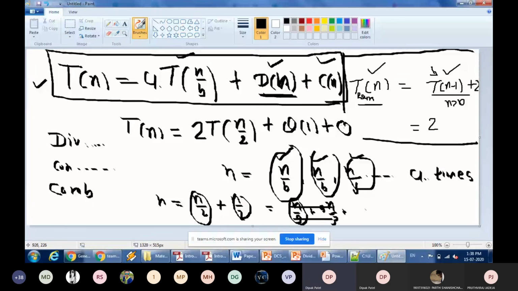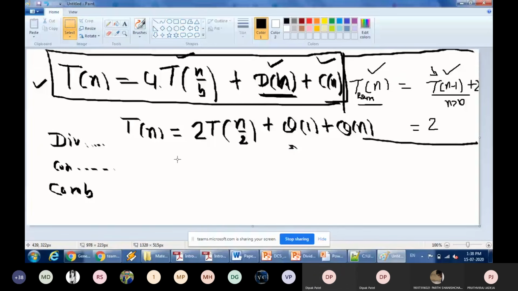Theta of n. So the recurrence relation of merge sort is T(n) = 2T(n/2) + theta of n.